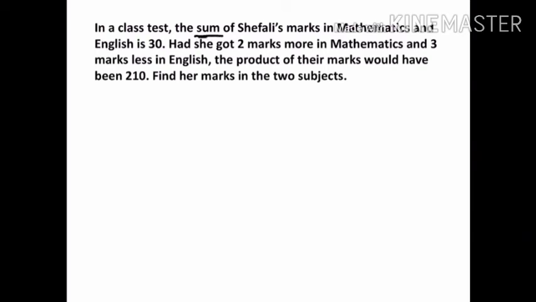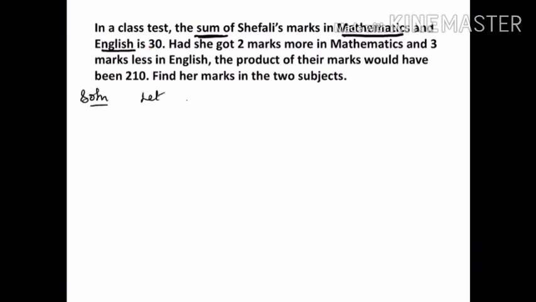The sum of marks obtained in maths and English is 30. So if we represent marks obtained in mathematics by X, then marks in English can be written in terms of marks obtained in mathematics.